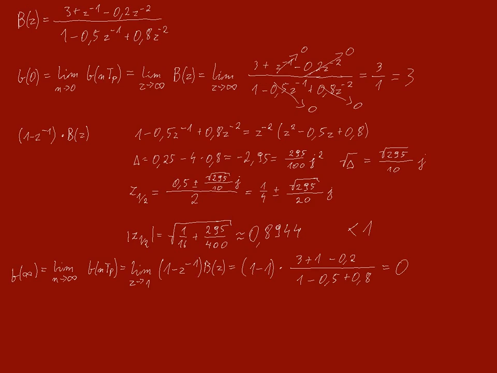So, the final value is 0. You may wonder whether a different value can be obtained, since we always multiply by 0 anyway. Yes, when this bracket shortens with the denominator of the function. That is, if the function has a pole exactly at 1. However, if the function had a pole on the unit circle that would not shorten, then the final value would not exist.